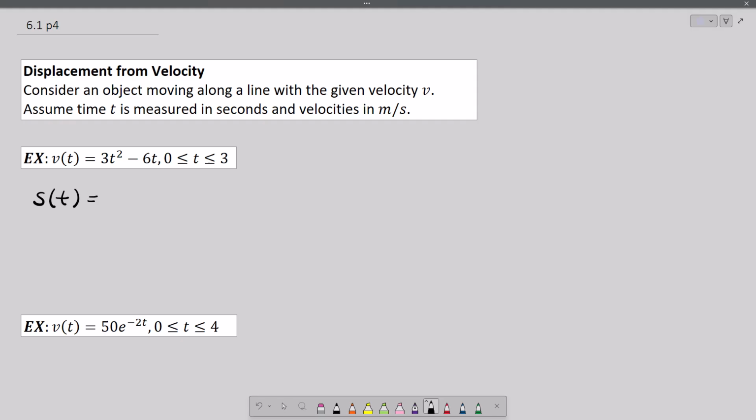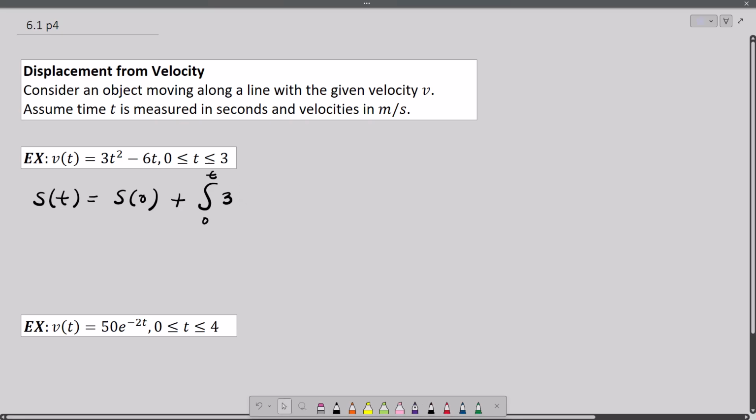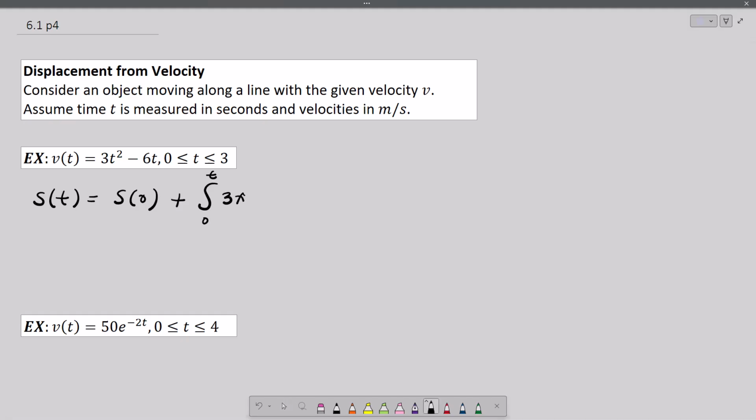So let's go with this more general question first. If we wanted to find this more general answer, we would set it up like this. And here's a good place where I just told you we can't have the same letter, so I'm going to put an x in here instead of a t.